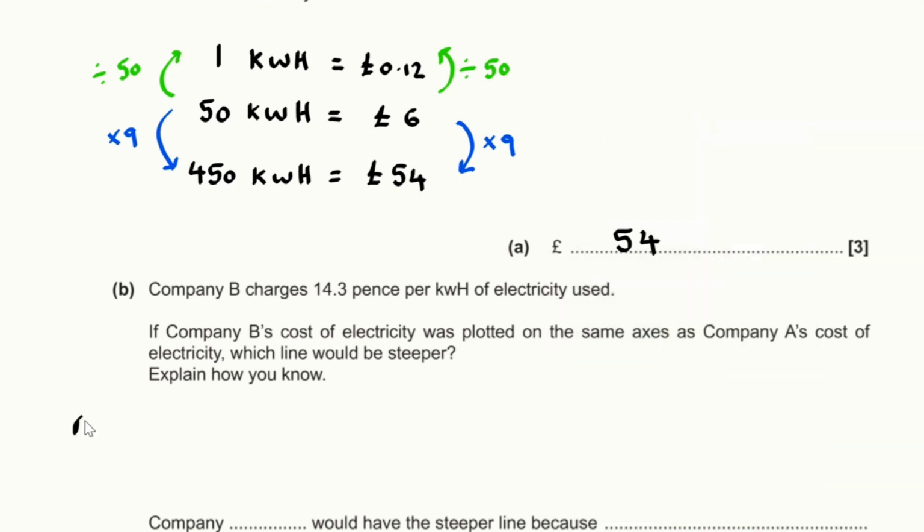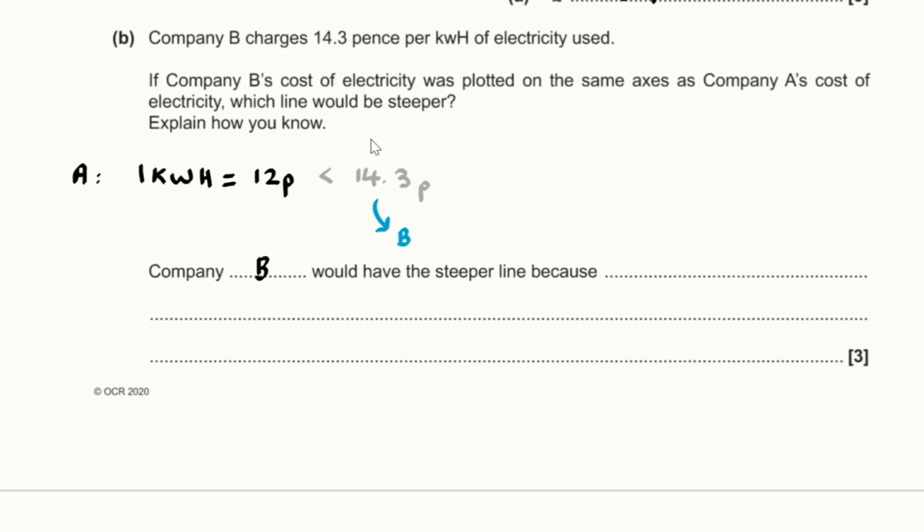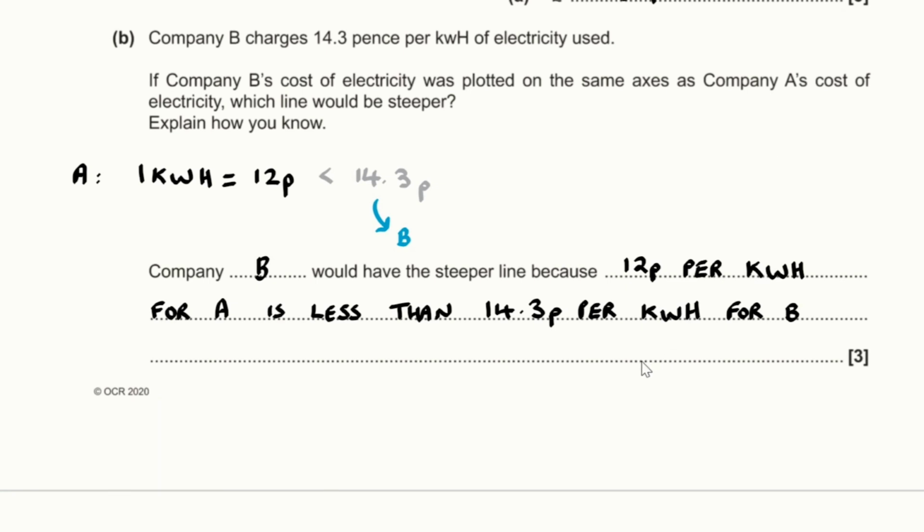So if I take a look at A, 1 kilowatt hour is worth 12 pence, and this is less than the 14.3 pence, which was for Company B. So Company B would have a steeper line because 12 pence per kilowatt hour for A is less than the 14.3 pence per kilowatt hour for B.